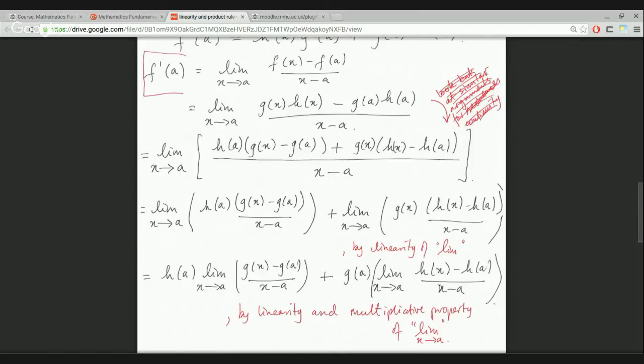Can I do a similar thing here? Can I separate the g and h's here?